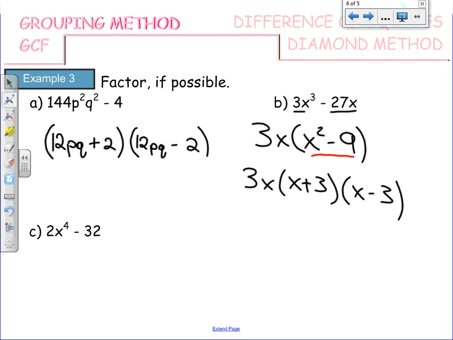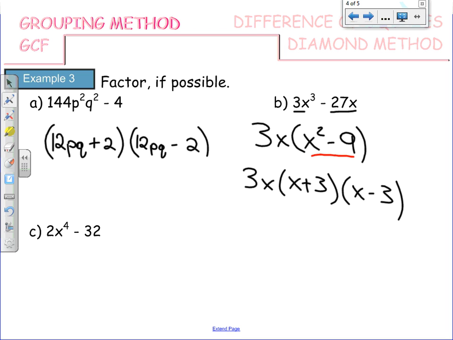This one. What's the first step? Right, but what's the first step? Always. Greatest common factor. What's the greatest common factor? Jared. Yeah, buddy. Take out your 2.